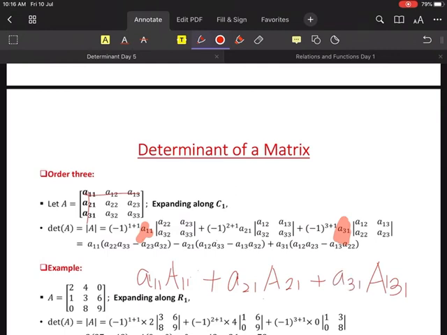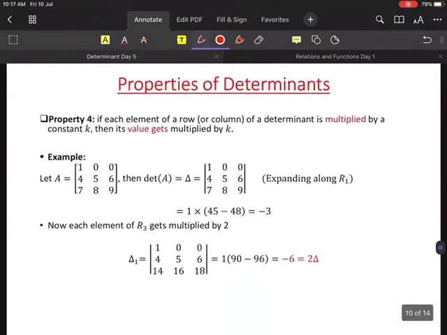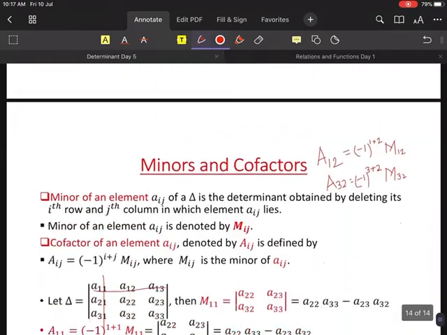So if you are finding the determinant of any matrix, you just multiply the element with the corresponding cofactor, element with the corresponding cofactor, element with the corresponding cofactor, then add all the three, you get the determinant. Understood? Clear? Now look at here.